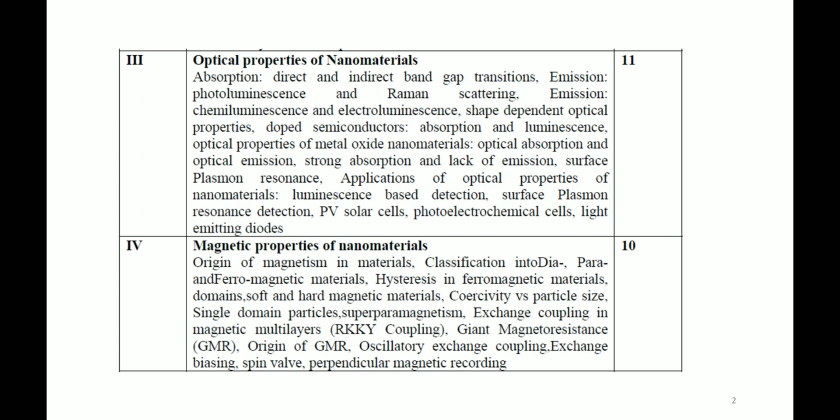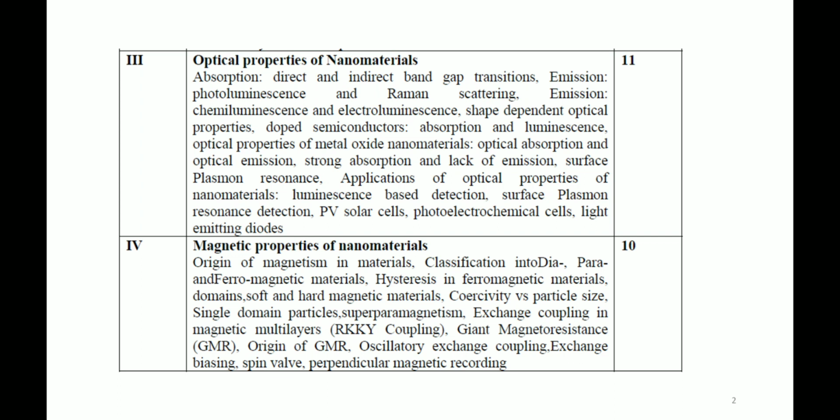Likewise, we have to understand the optical properties of metal oxide nanostructures. Particularly, we are taking the example of quantum dots, and we are trying to understand that as the size of the quantum dot is reduced, its band gap increases, and as its band gap changes, the color of the nanoparticle changes.